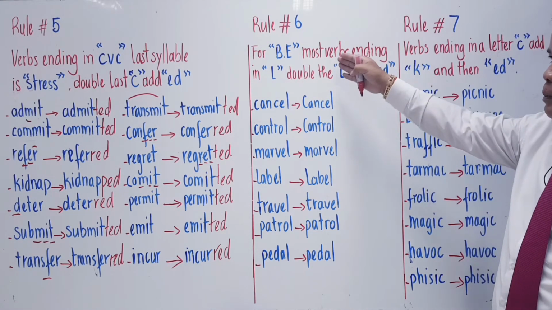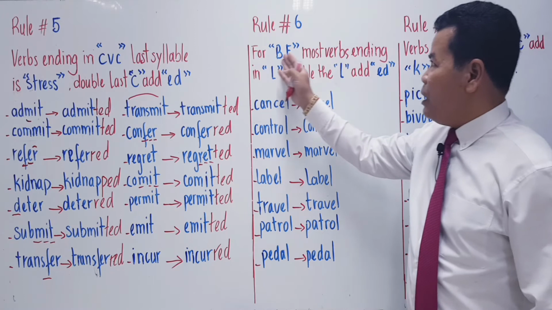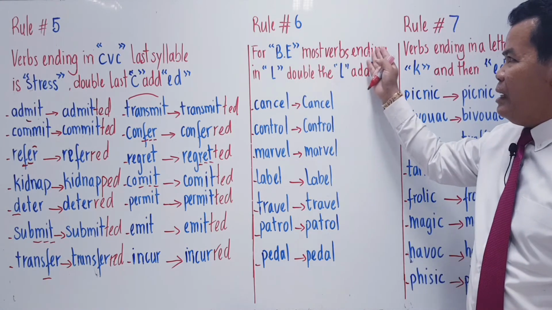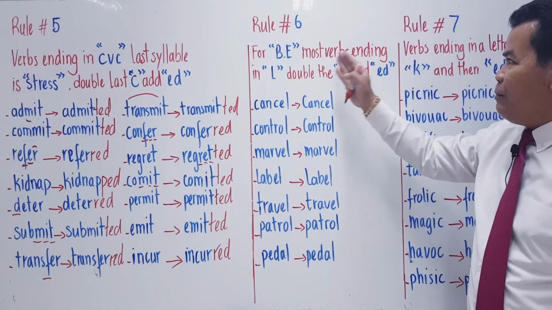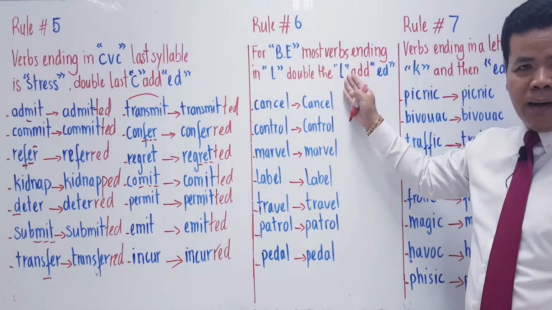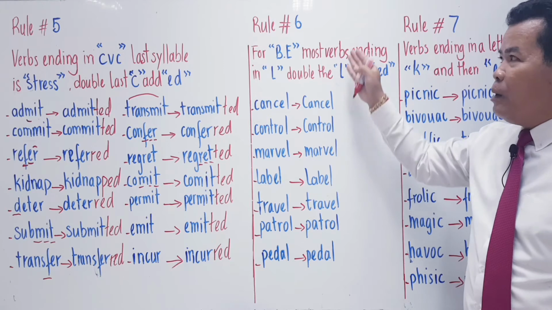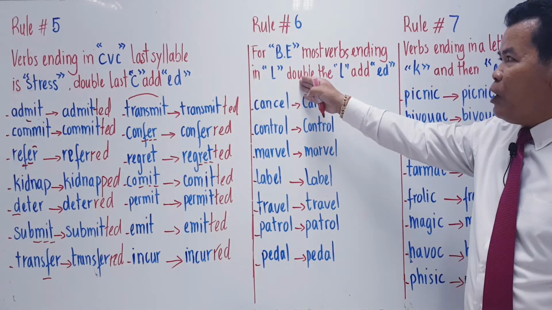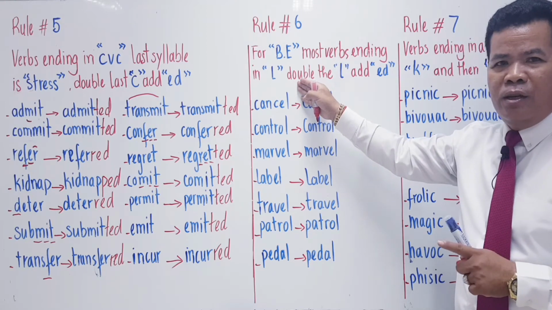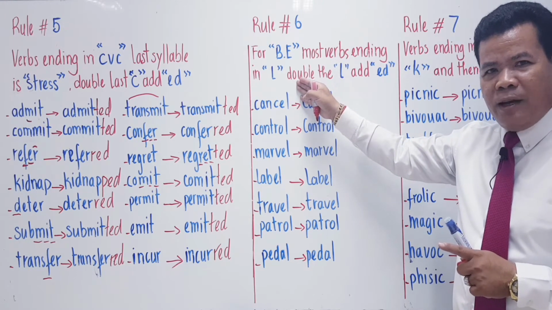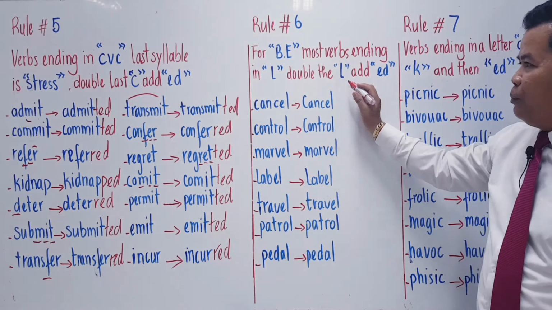So look at rule number 6 again. For BE, most verbs ending in L, before adding ed, we have to double one more L, okay? So what I mean is we focus on BE, British English, not American English. Do you understand, right? Let's go to the example.